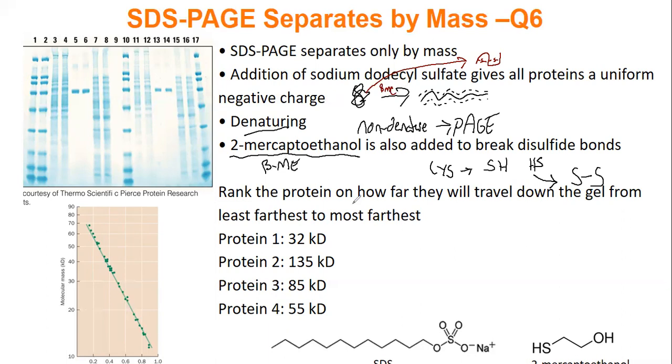And acrylamide, the way to think about acrylamide is it's just like a net with random holes in it. And then what you do is that you apply an electric current.